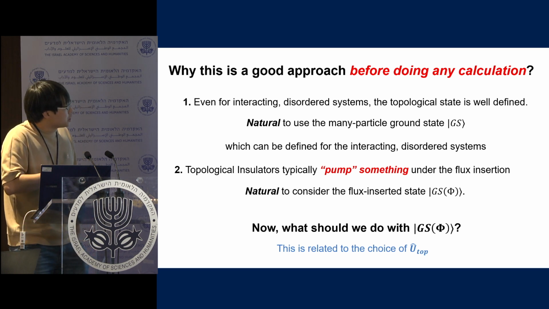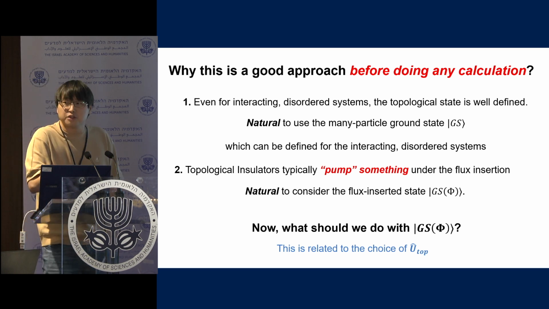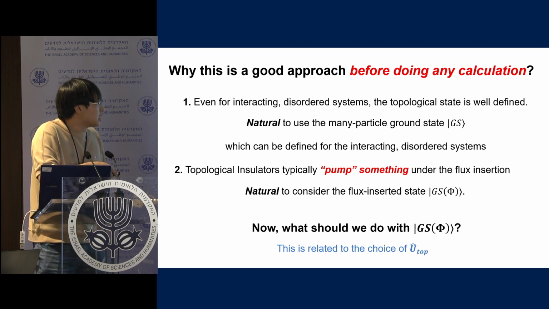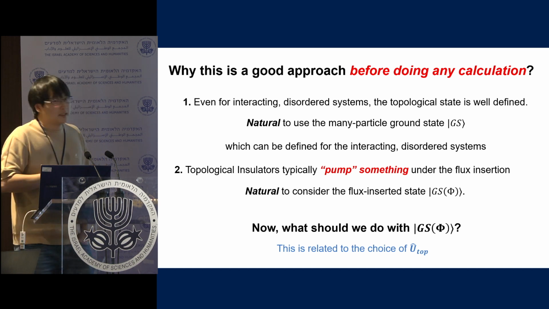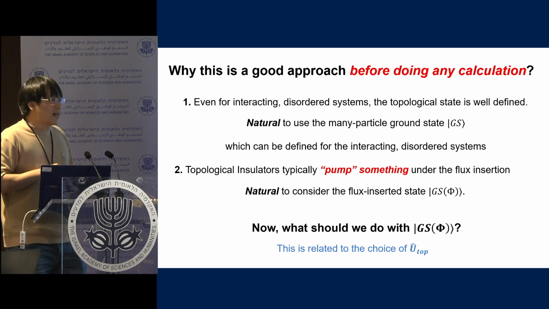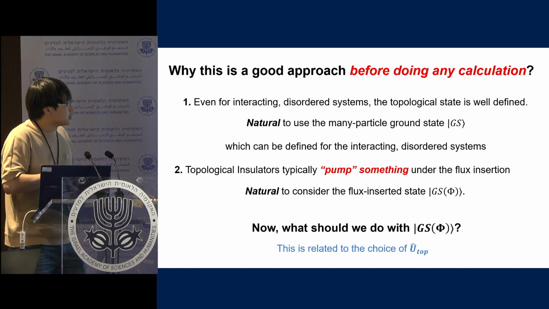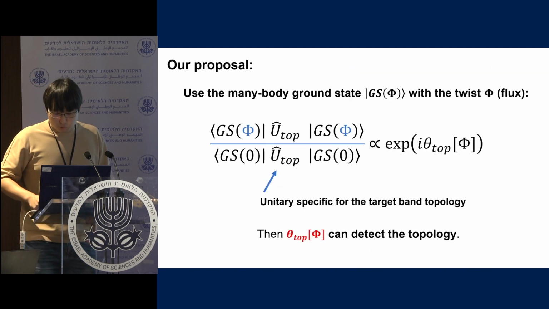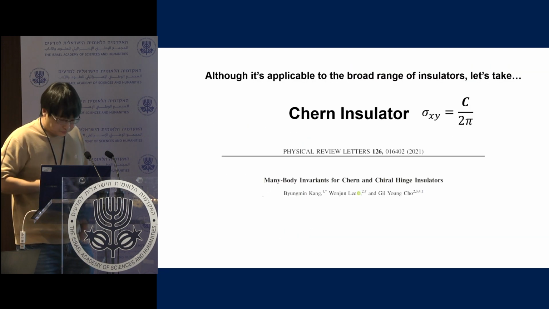So it's natural to consider the flux-inserted ground state and then compare it with the states without the flux. Then with these intuitions, the last question you need to ask is, what should I do with this ground state? For that, what we found is to calculate this.